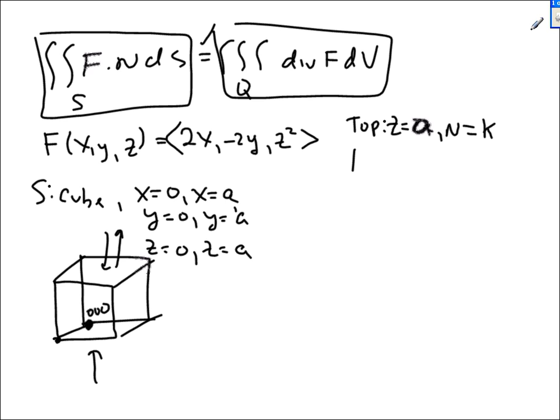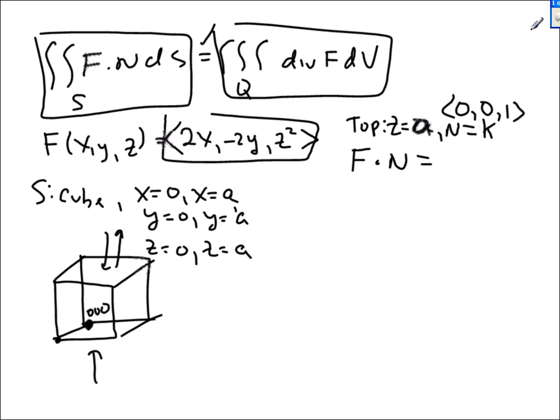So then F dot n. F is right here, and n is 0, 0, 1. When you dot them, you get z squared, 1 times z squared.